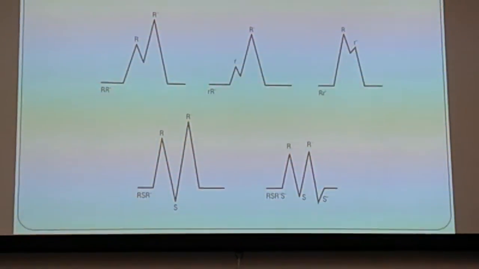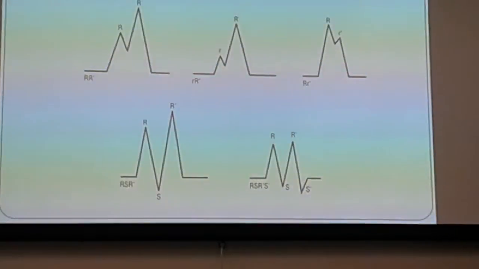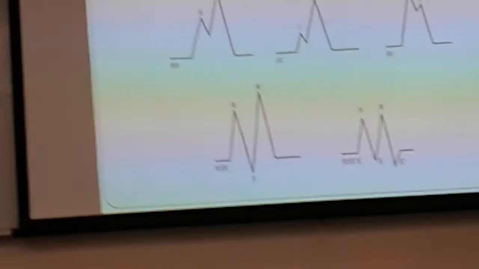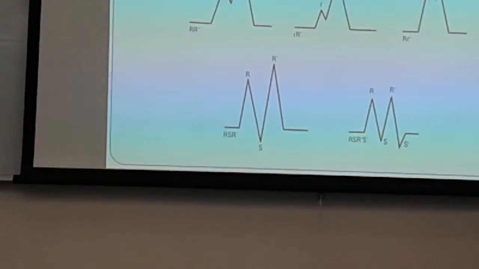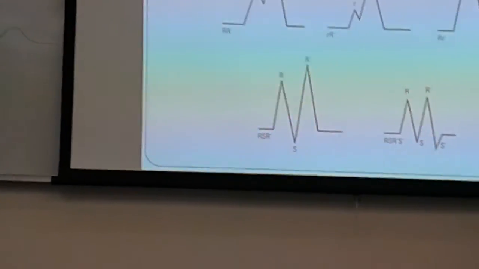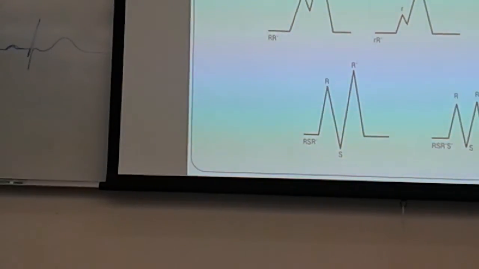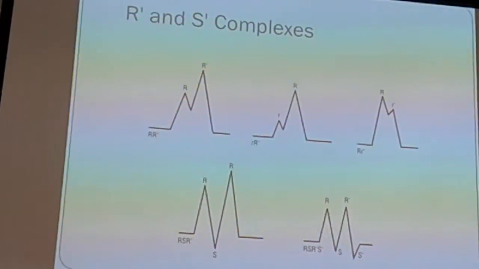What physiologically happens with two R's, and R prime two? How many ventricles do you have? If you end up with several pacemakers that are all working at once, you might have several different portions of the ventricles that are now firing independently of each other.